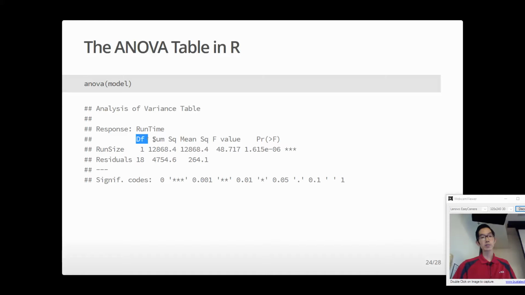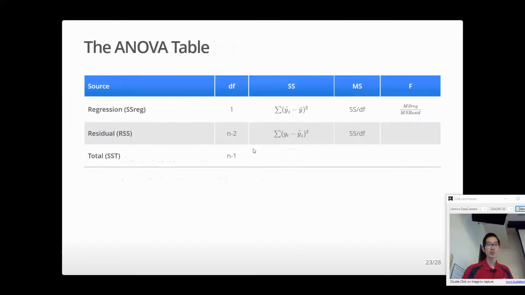And we see degrees of freedom, the sum of squares, the mean squares, and the F. Okay, and then we also have the residuals, with degrees of freedom, sum of squares, and mean squares. And so, you know, you could do this manually, and you could see that this divided by 1 is this. This number divided by 18 gives me this number. And this number divided by this number gives me 48.717. So if you wanted to, you can verify that all of these numbers are indeed coming from what we said here.